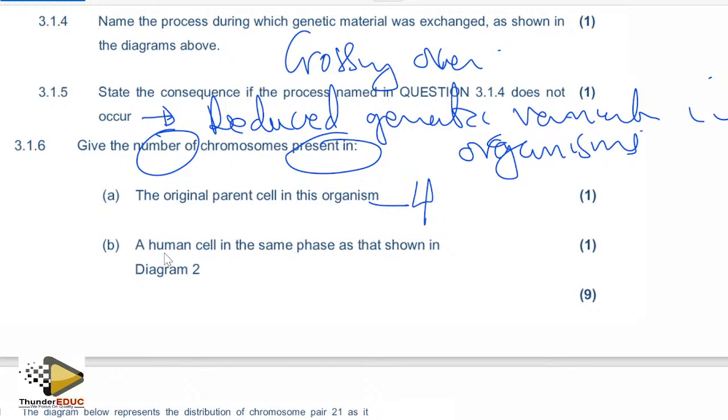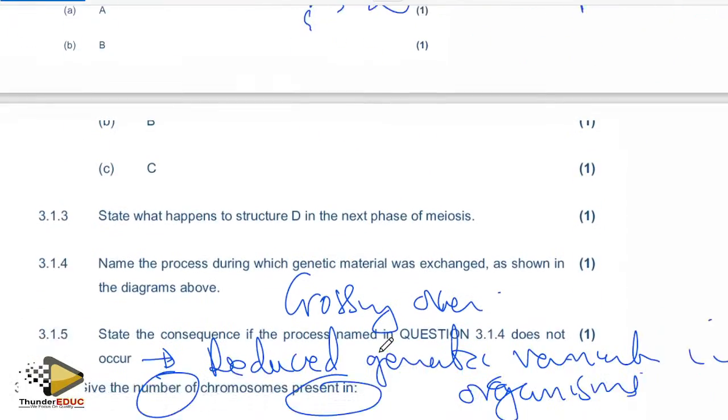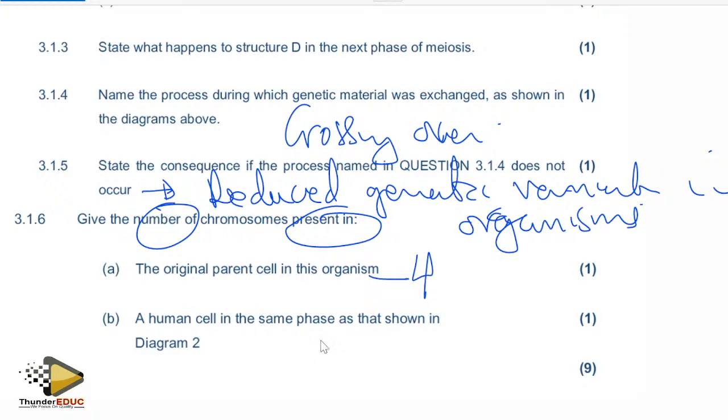So the answer here is 4. A human cell in the same phase. When they say the human cell in the same phase, you come back here. This is meiosis II. So in this case, the human cell will have 23 chromosomes.